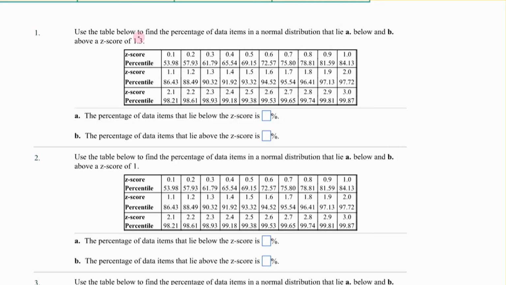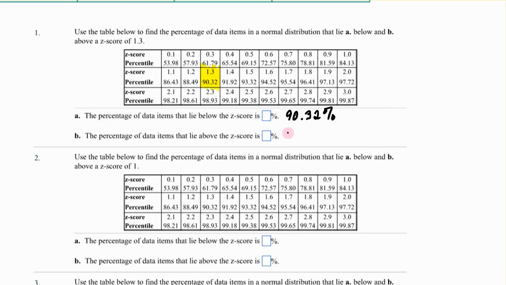Okay, let's go look for a z-score of 1.3. It's right here. Now, it gives you no figuring out that it is the 90.32 percentile. So the ones that are below this score, it is 90.32%. You have to do a little work to figure out what percent lie above. Well, I like to say it's the rest of them.